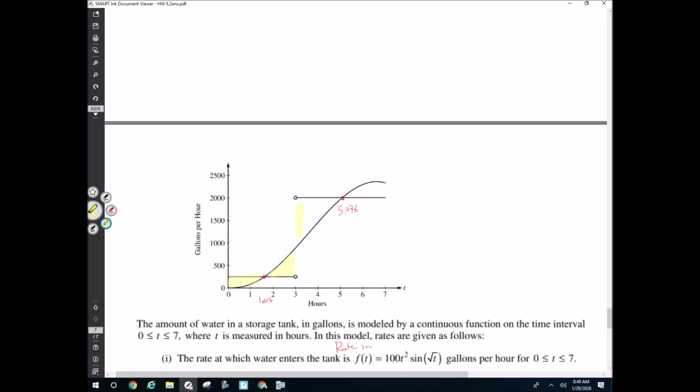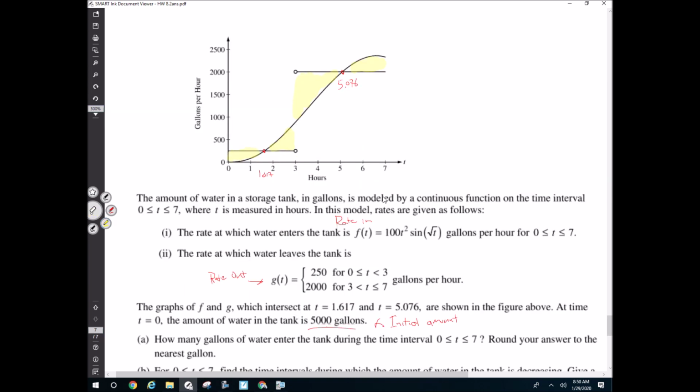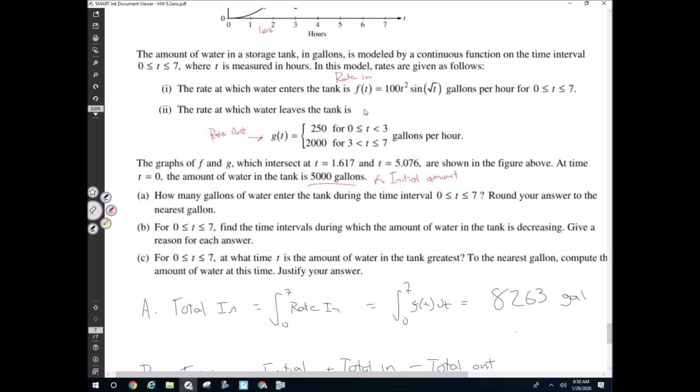But then here, this area, that'd be the total amount that I would lose. That's a lot. And then the end point, it looks like I'm going to add less than I lose. My guess, without doing any calculations, just by looking at areas, is that the value is going to be less.